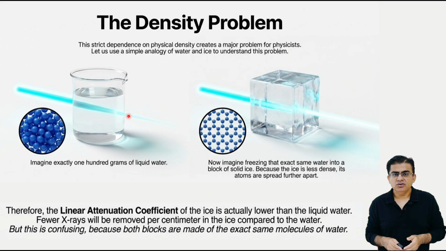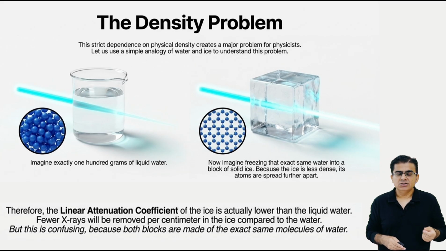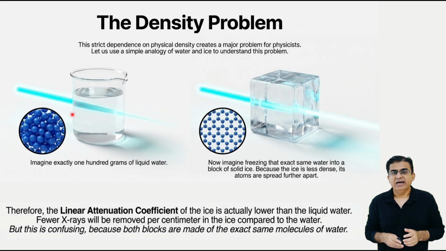We froze it into a solid block of ice. The linear attenuation coefficient changed simply because the density has changed. The ice removes fewer X-rays per centimeter compared to the water. But this is highly confusing and problematic. The atomic recipe has not changed at all. Both blocks are made up of the exact same molecules of water.